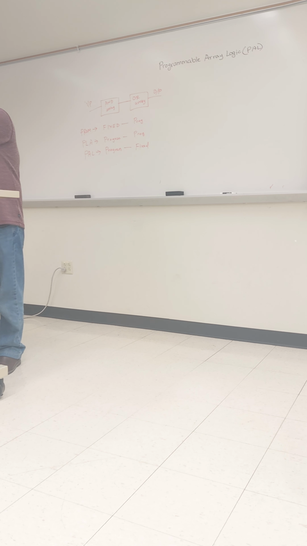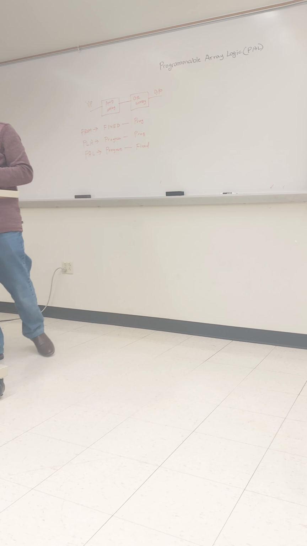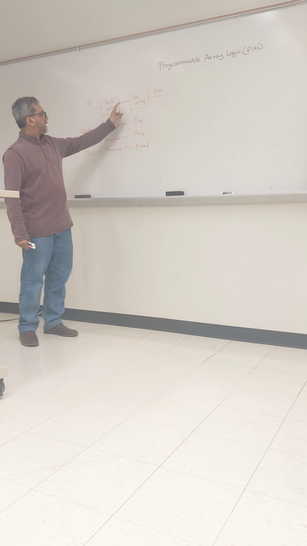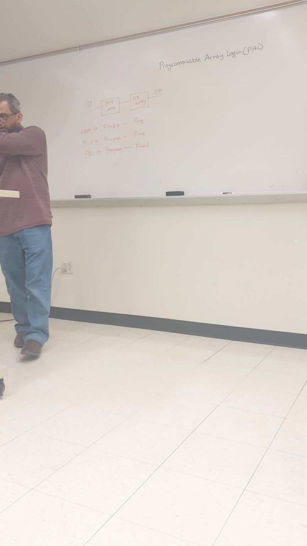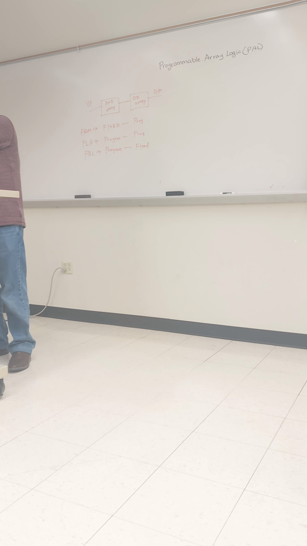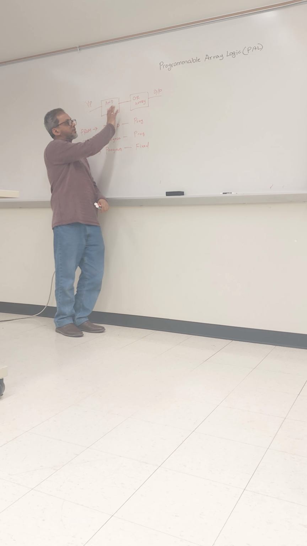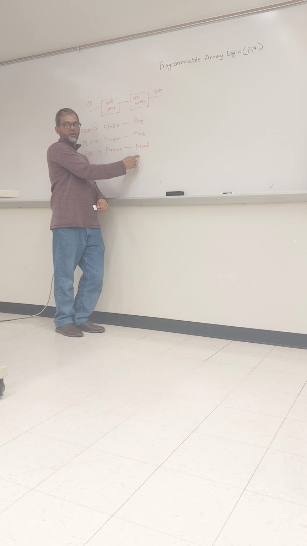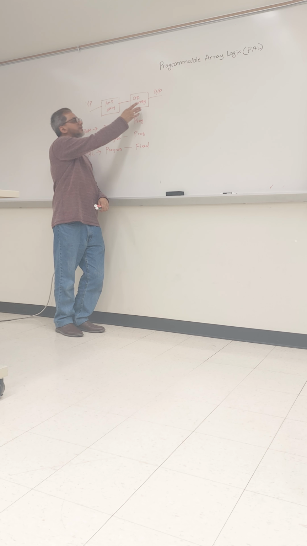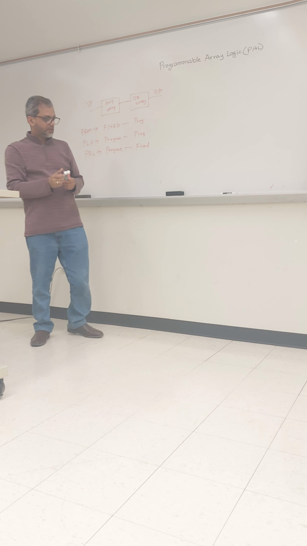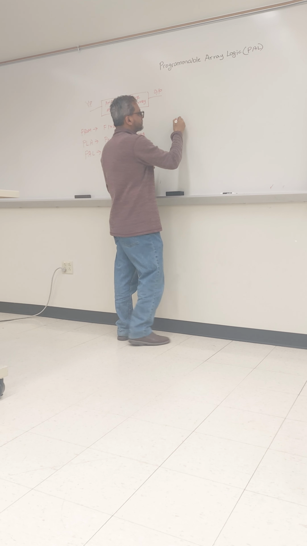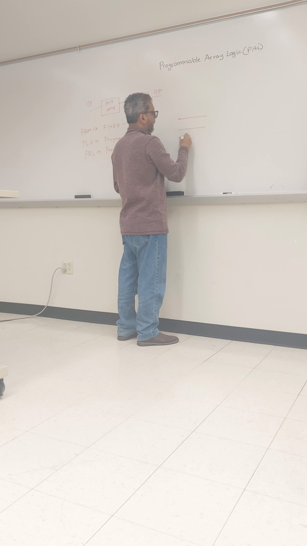So we can say that in this case, the connection between the OR gate and the AND gates is fixed, right? And so here each OR gate will have a fixed number of AND gates, right? So the number of AND gates to the OR gate will be fixed.